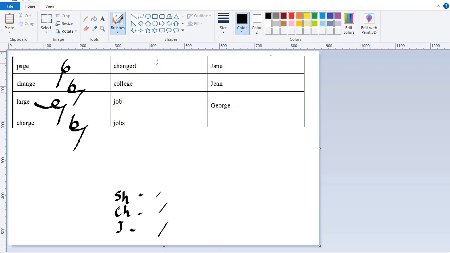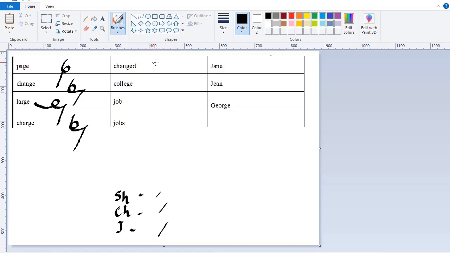Next, we have changed. Is it changed with a T or a D?